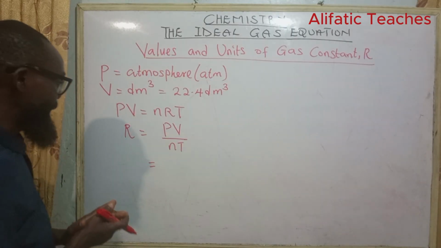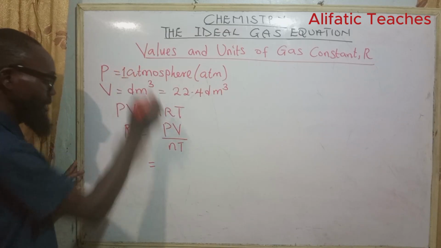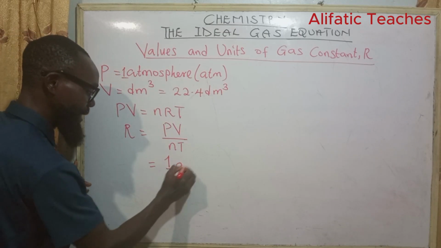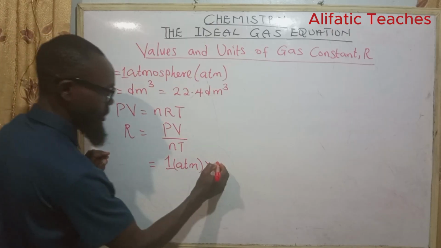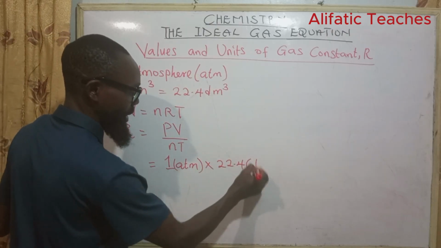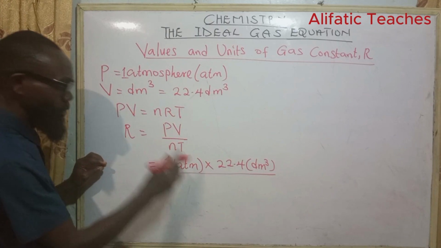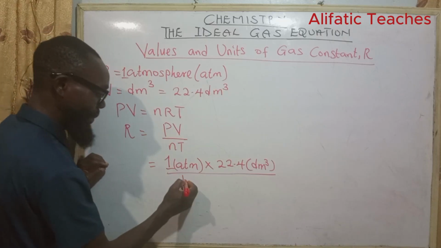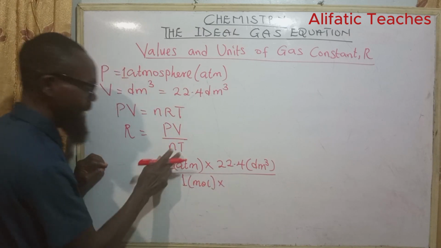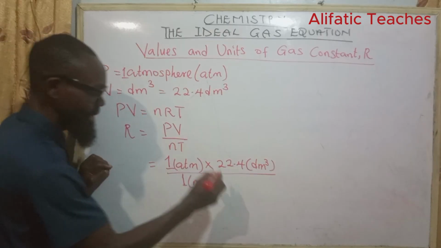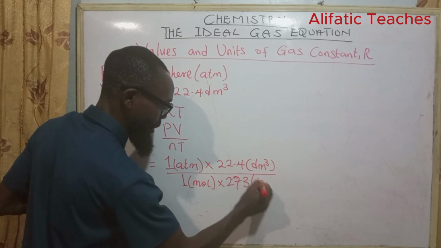So we now put our values here. Our pressure is 1 atmosphere, 1 atm, multiplied by our volume, 22.4 decimeter cube, divided by the number of moles, that is 1 mole, multiplied by our standard temperature, that is 273 Kelvin.